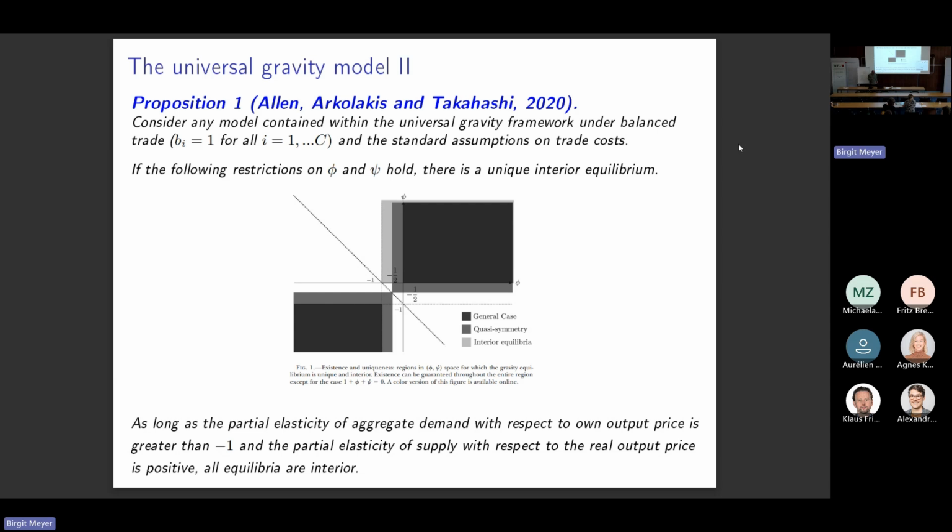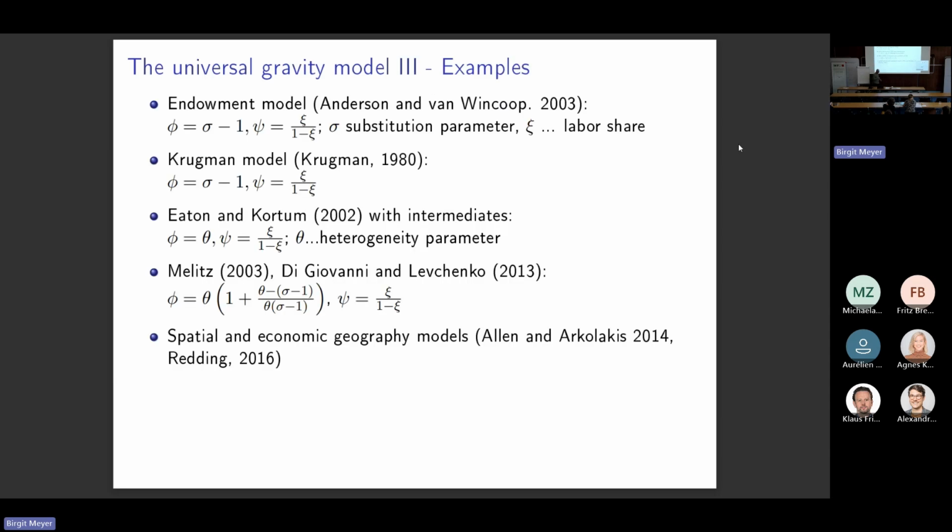The second part is they show that a lot of models we have are compatible with this approach, because the only difference is that the supply equation is different. And, you know, the endowment model comes in, the Krugman model, Eaton-Kortum comes in.